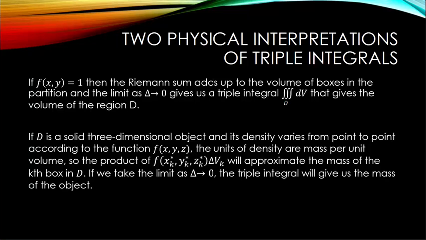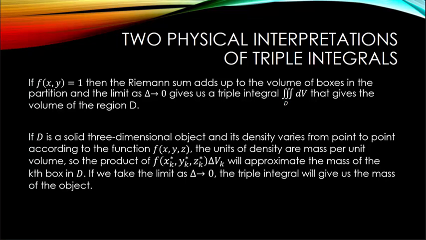The second interpretation is that if D is a solid three-dimensional object and its density varies from point to point according to some function f of x, y, z, then the units of density are mass per unit volume. So the product of f of x sub k star, y sub k star, z sub k star times delta v sub k will approximate the mass of the kth box in D. If we take the limit as delta goes to 0, my triple integral will give me the mass of my object.